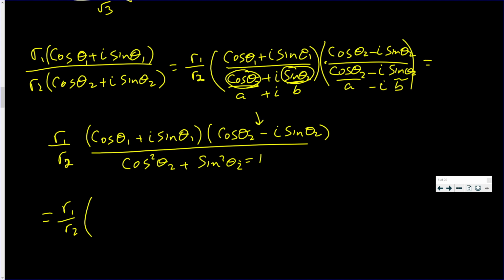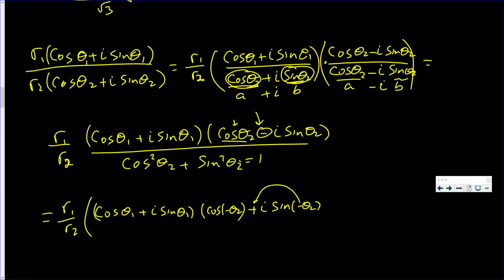I would love that to be plus. We have cosine theta 1 plus i times sine theta 1, times, well, if I put in sine of negative theta 2, then I have to put a minus there. So that minus comes out to make the necessary minus. And then the beauty is I can put a minus there. Cosine doesn't care. Now I have a product.